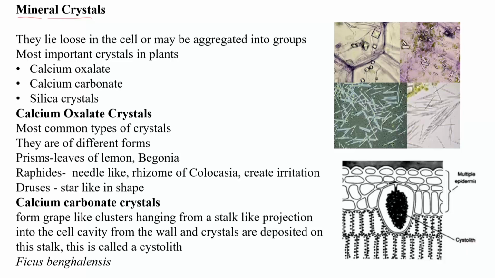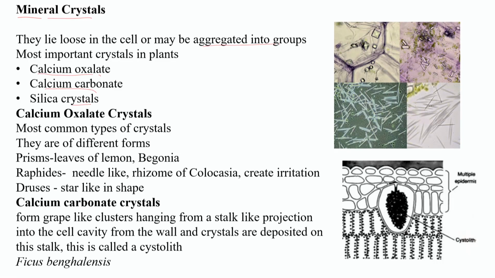These inorganic compounds could be found loosely spread in a cell, or they will be aggregated into groups, in the form of crystals. The most important inorganic compounds whose crystals are obtained are calcium oxalate, calcium carbonate, and silica crystals. Calcium oxalate crystal is the most common type.